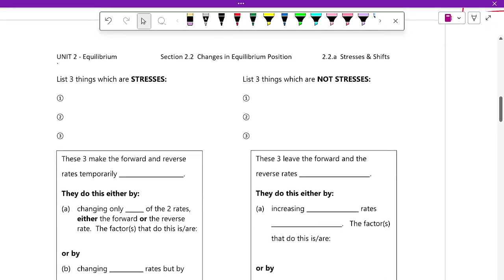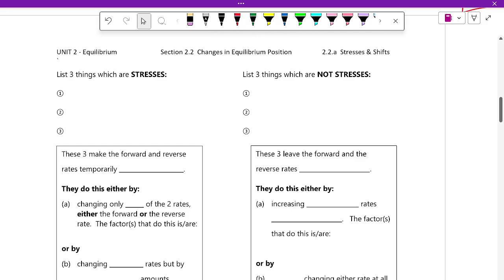Okay, and this is just to see if you can remember them from the previous page. So flip the page and see if you can remember them without looking. Can you remember it from 10 seconds ago?